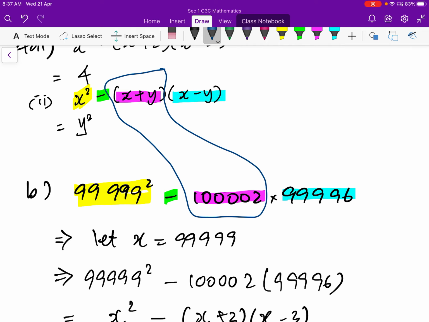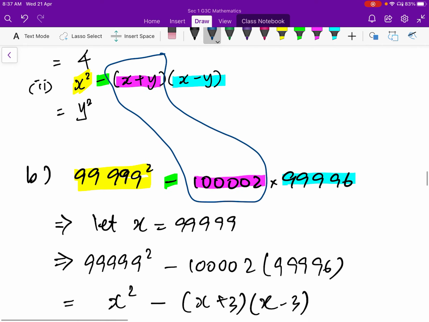Okay, we have already let x be 99,999. So 99,999 plus y gives us 100,002. So based on this, if x is equal to 99,999, then our y value must be equal to 3, isn't it? Because 99,999 plus 3 gives us 100,002.